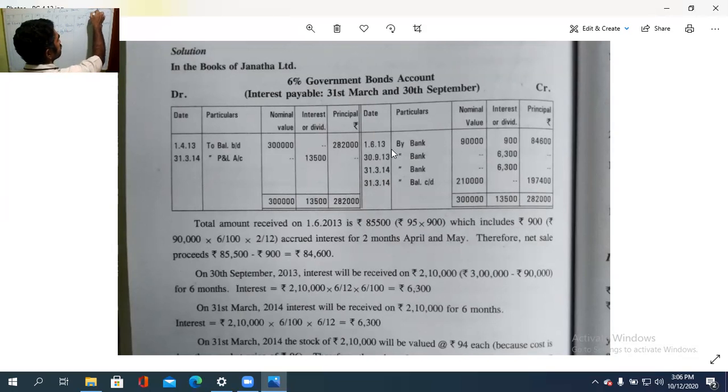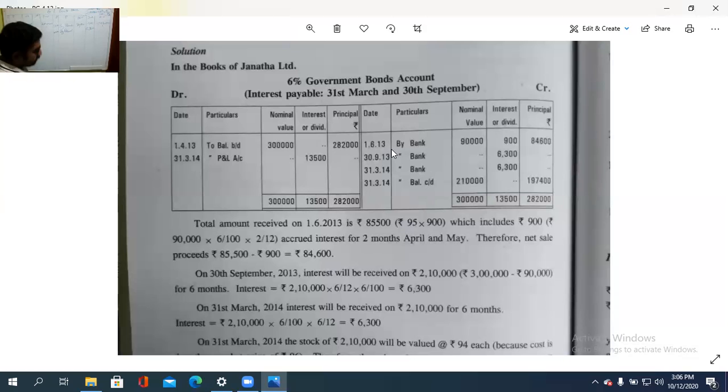That 2,10,000 multiplied by 6% into 6/12. So 2,100 into 3 is 6,300. What is 6,300? The interest.